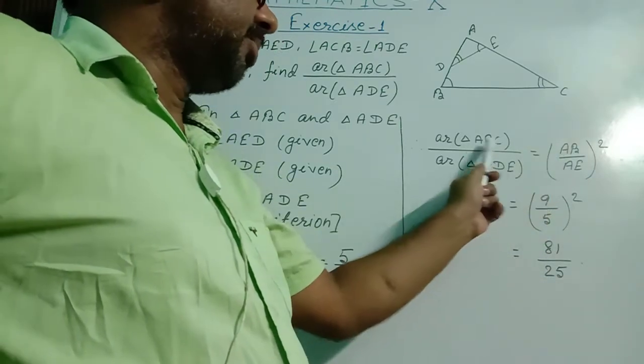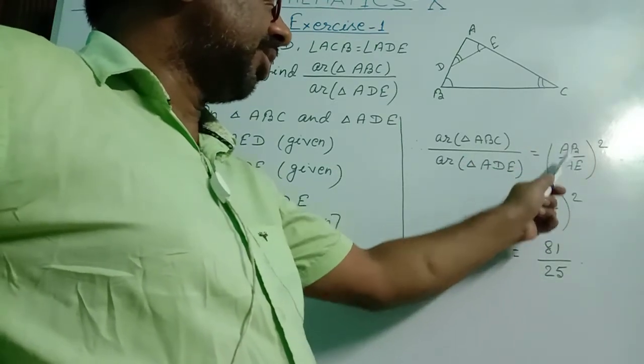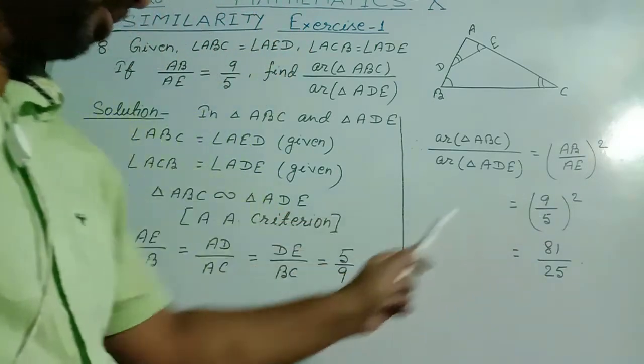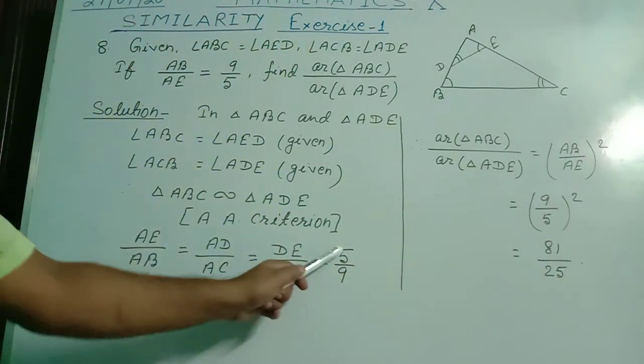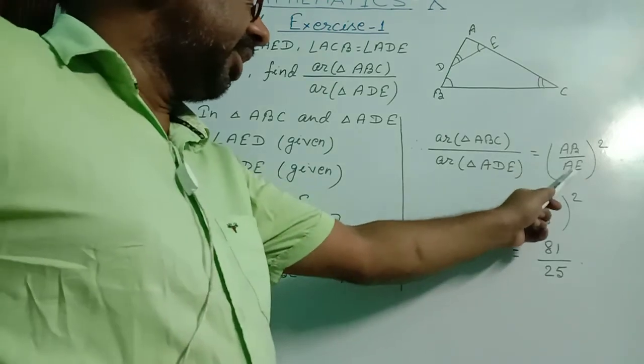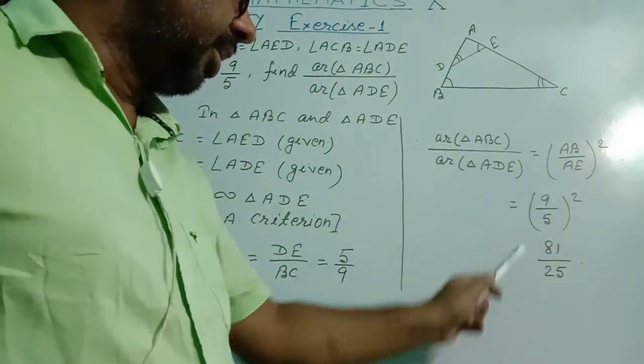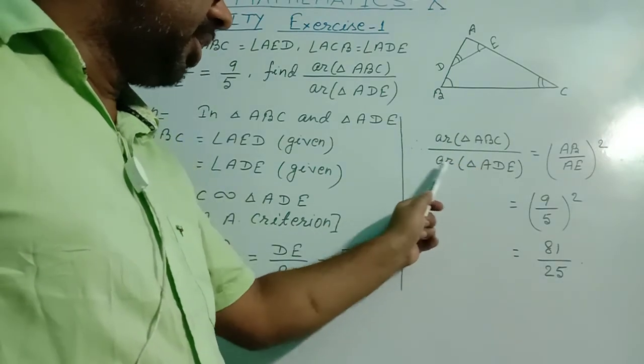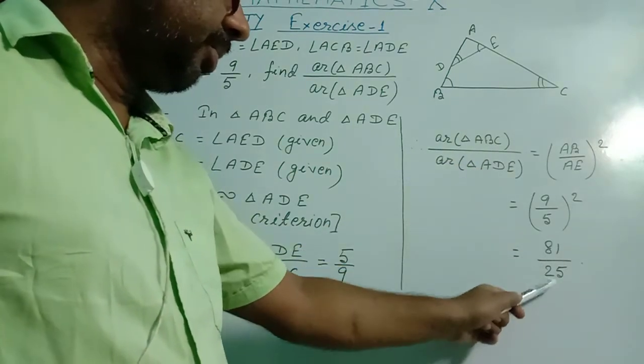AB is the side of ABC, AE is the side of ADE, these two are corresponding sides, so the square of this, and this became equal to 9 by 5. Here AE by AB equal to 5 by 9, so we can write AB by AE equal to 9 by 5 whole square. 9 9s are 81, 5 5s are 25. So the area of triangle ABC by the area of triangle ADE is equal to 81 by 25.